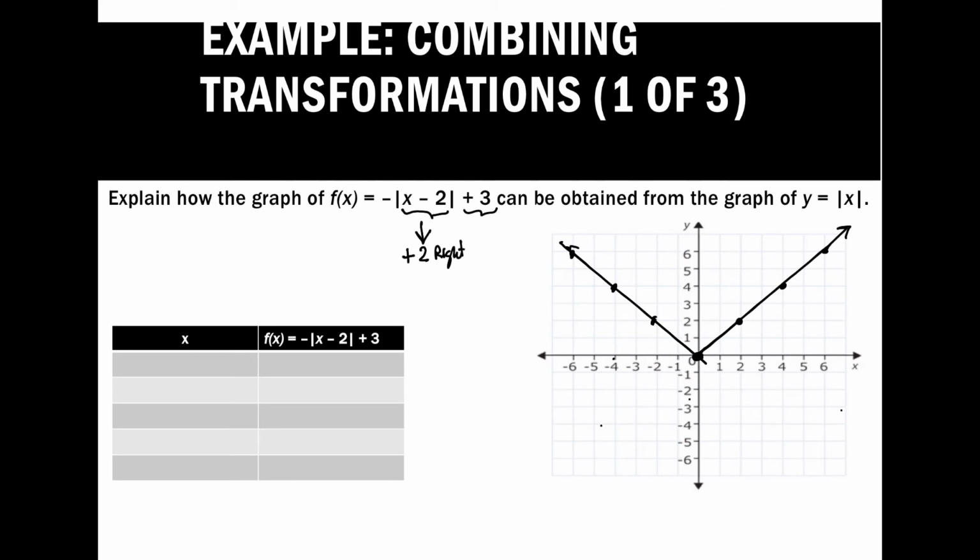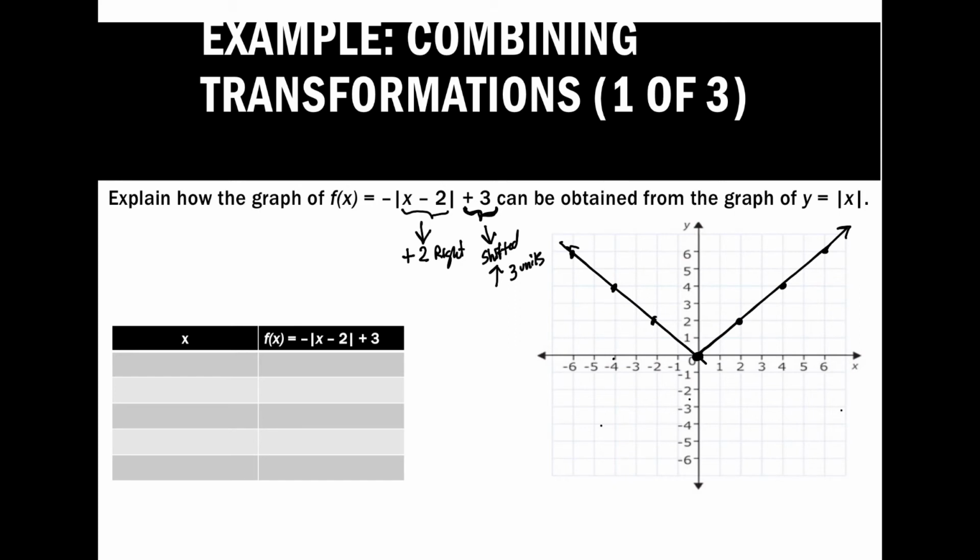And then the adding of 3 is to the outside of the absolute value function. And what we saw with that is that it shifted up 3 units. So it went in the same direction.